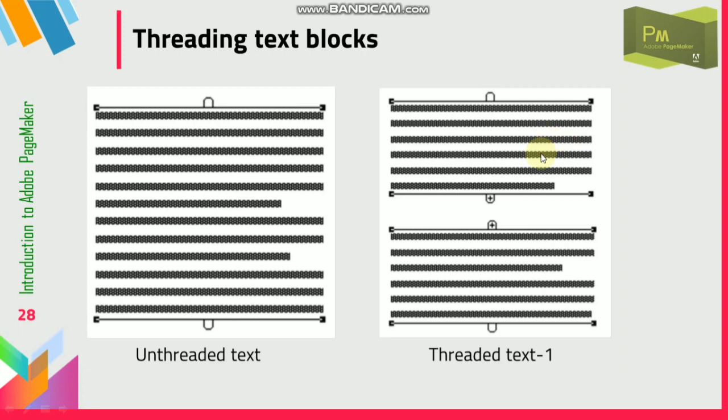The remaining part of the text flows in the second text block, so this is called threading the text. And this threading of text which has two or more text blocks, you can call a story. Even this is called a story.